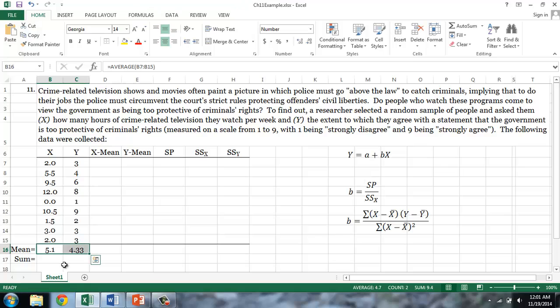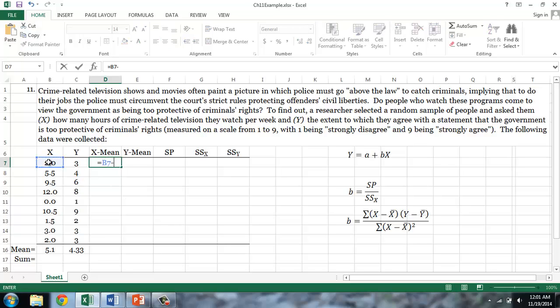I've already calculated the means for x and y using Excel's average function, and so the next step is to calculate the deviation scores, and then I'll square the deviation scores for x. So for the x deviation, it's equal to our x value minus the mean of x.